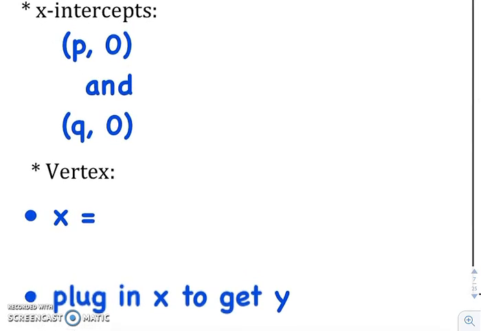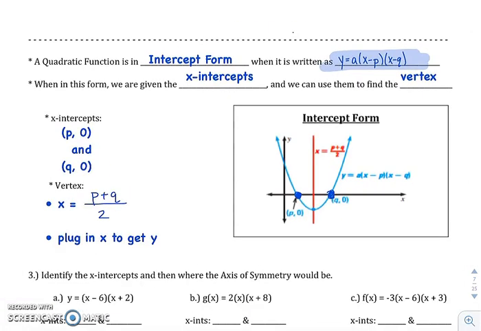So you take whatever you find to be your p and q, your two x-intercepts, you add them up and divide by 2. Once you get what that x value is, you plug in x to then get the y value of your vertex, and then you can plot it.